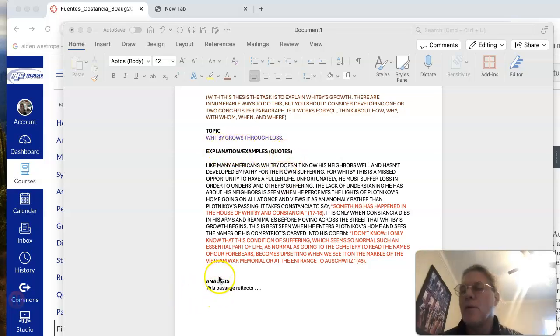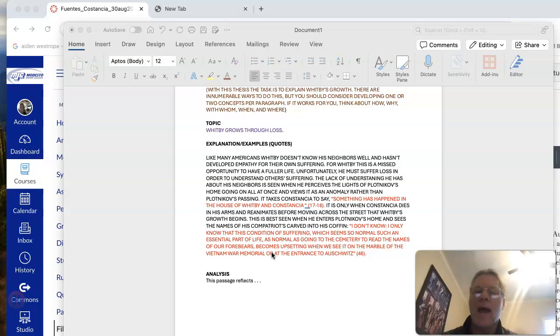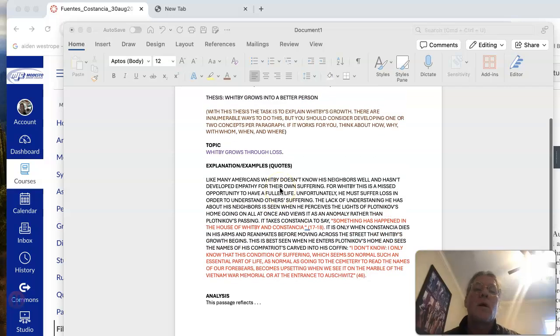About half of that will be with your analysis where you interpret these examples for the reader. So save about half of your paragraph for your mind and your words to interpret the quotes in the literature, again, in your own words, so the reader can see, in this case, Whitby's growth through suffering or his growth through loss.